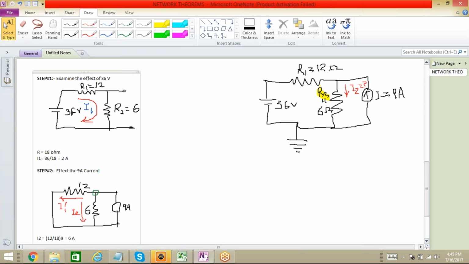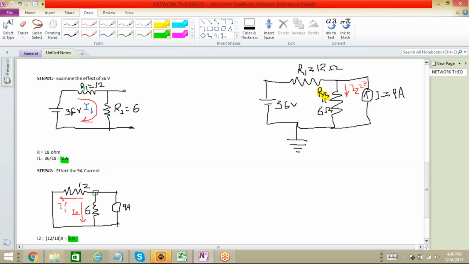Now, what we have seen is that this 6 ampere is the contribution of the 9 ampere current source, and this 2 ampere is the result of the 36 volt voltage source.